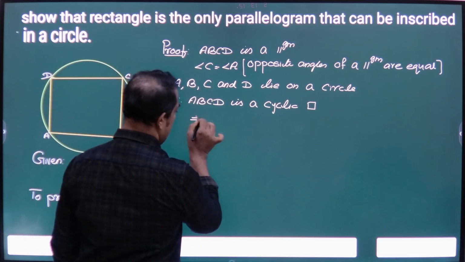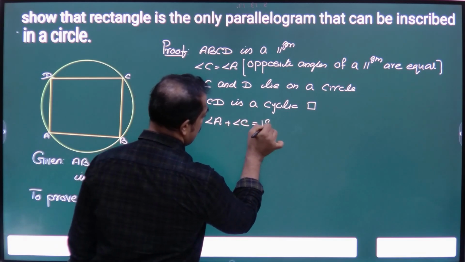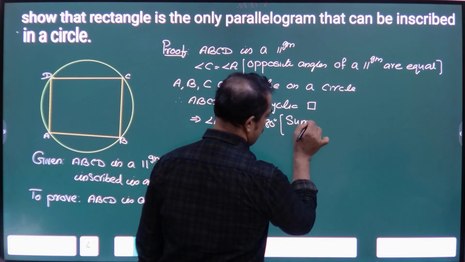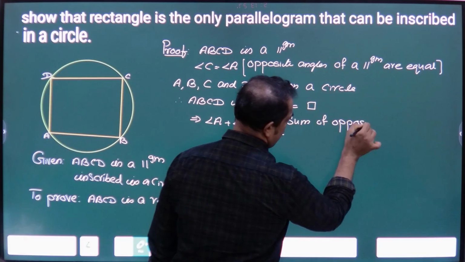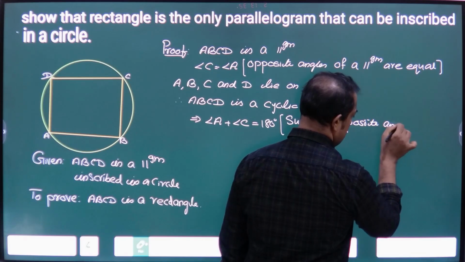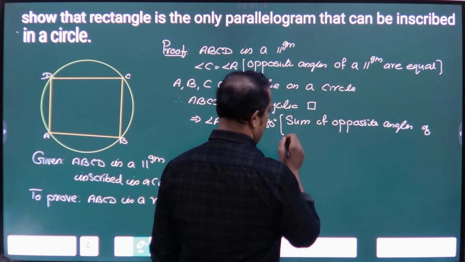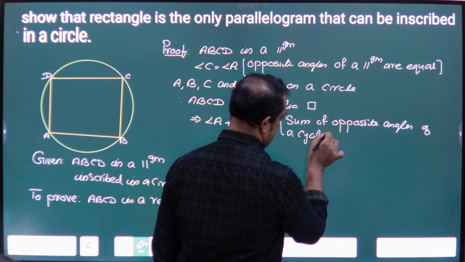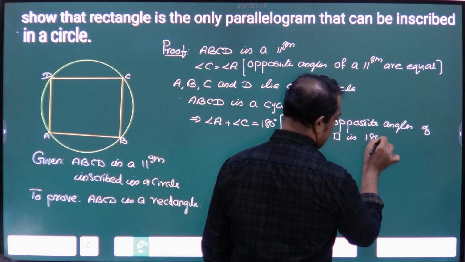This implies angle A plus angle C is equal to 180 degree. Reason: sum of opposite angles of a cyclic quadrilateral is 180 degree.